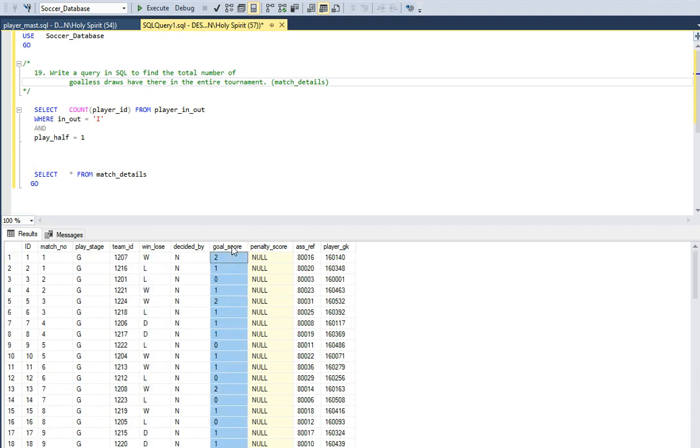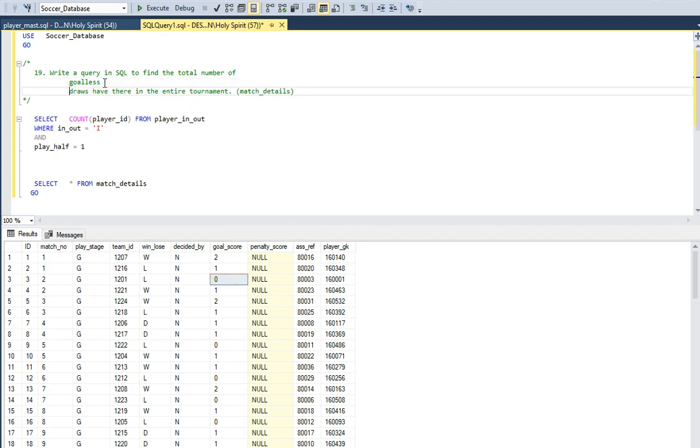Goal score, right? Yeah, goal score, it has to be 0. Shouldn't be any goal, and it has to be a draw. Win lose should be draw, and these 2 things they are asking for now.